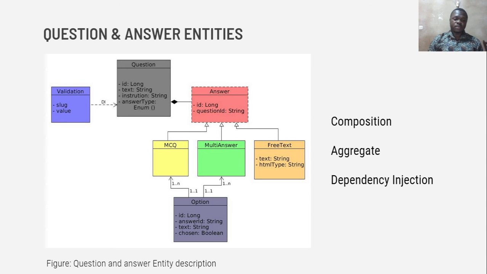As we mentioned, we have options that are dependent on either the MCQ or multi answers. Here we have a chosen flag that tells us if a particular option is chosen. At the level of implementation, the developer will have to go an extra mile for the MCQ to make all the other options false and keep only one as correct.